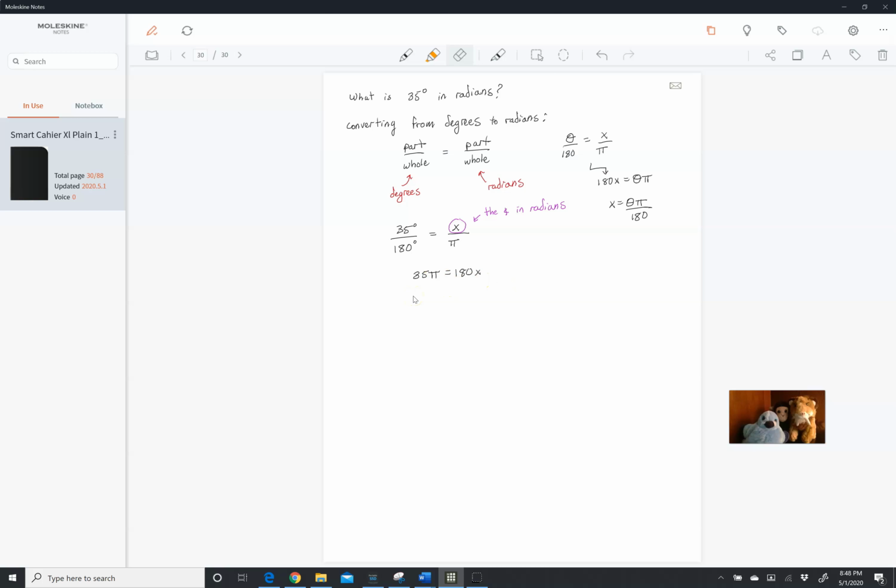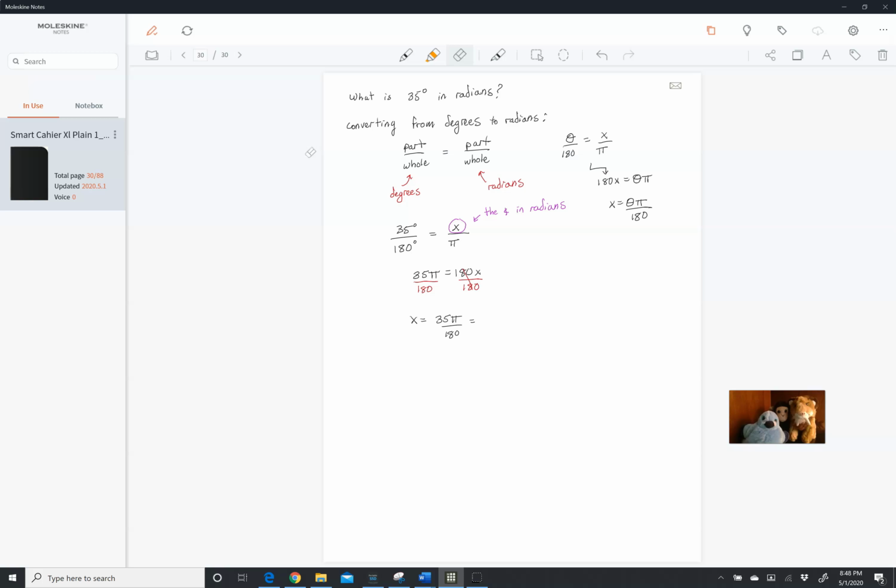So we divide both sides by 180. Okay, and just like always, you always want to reduce. So our x is equal to 35 pi over 180. Leave it in terms of pi, but reduce.